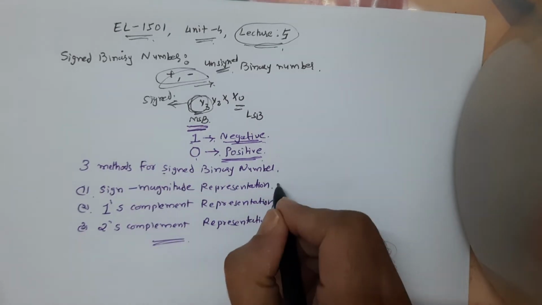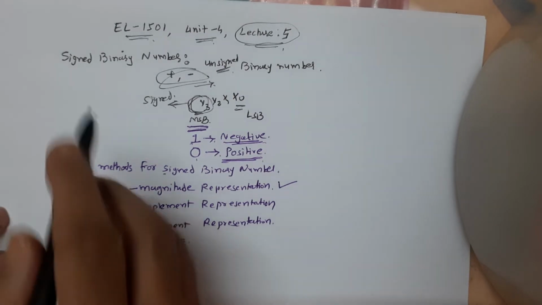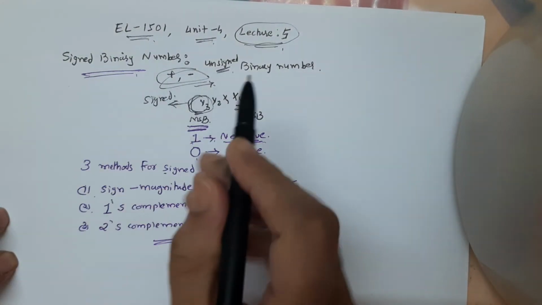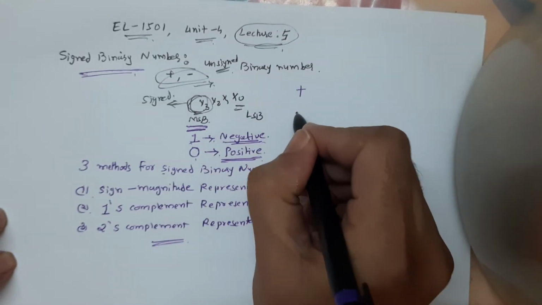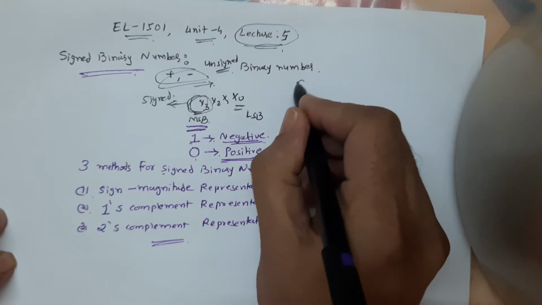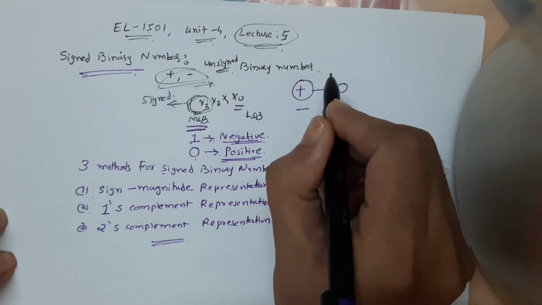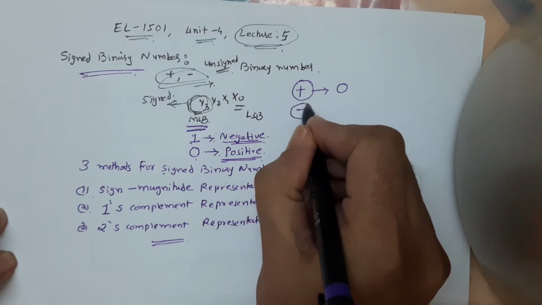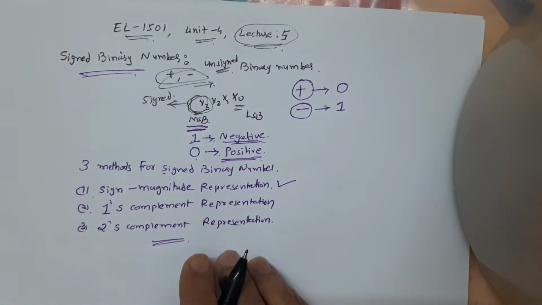Now we discuss the sign magnitude representation. So I repeat, in signed binary number, there is a sign, either it is positive or negative. Positive means 0 in the MSB. Negative means 1, it shows 1 in the MSB of any given binary number.